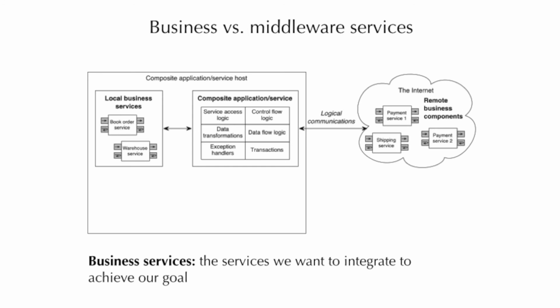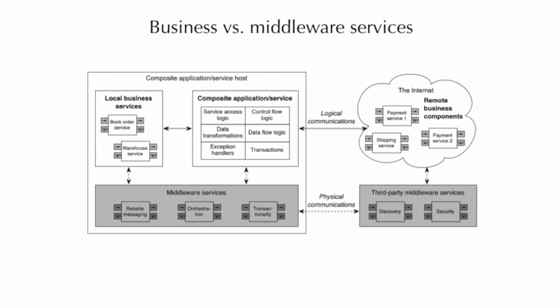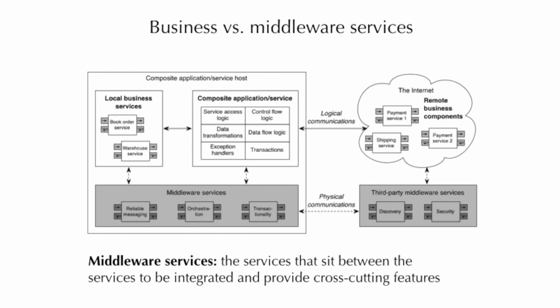But then, in order to actually execute the interaction with these services, there is some middleware that provides services. The middleware services are simply services that sit between the services that we actually want to integrate, and they provide some cross-cutting features. Which could be these features?